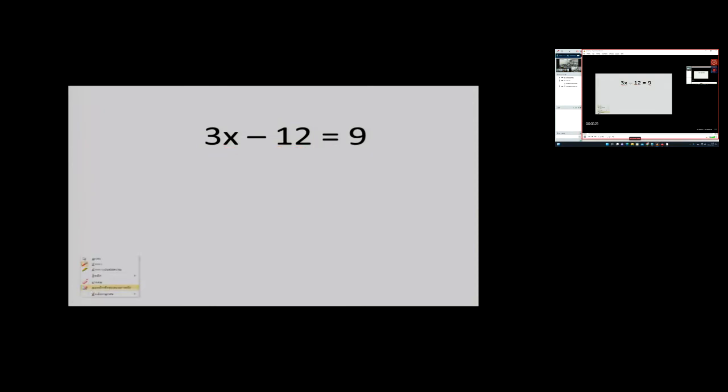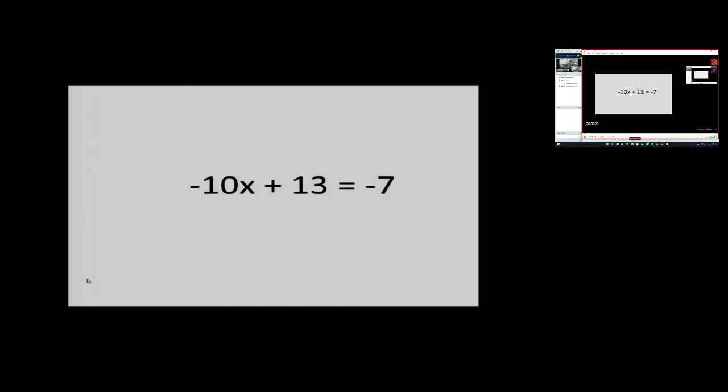Okay, next. How about this one? Negative 10x plus 13 is equal to negative 7.